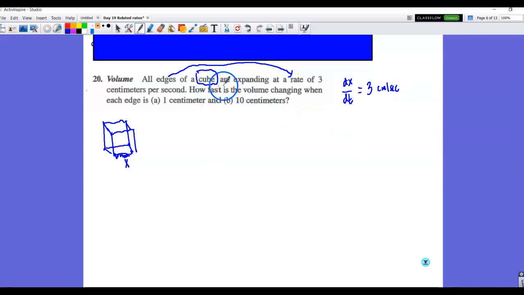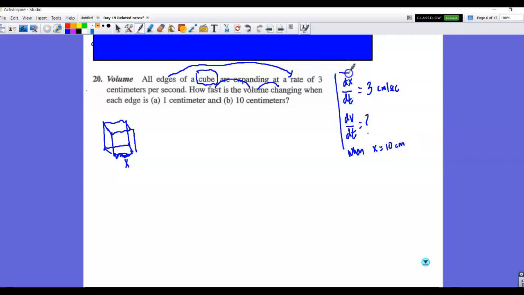How fast is the volume changing? That's the rate of change of volume, so that's dv dt. Find the rate of change of volume, and I'm just going to do part B, when x is equal to 10 centimeters.